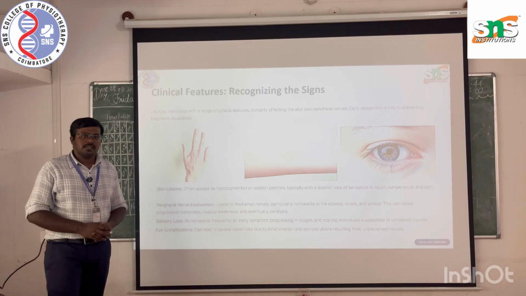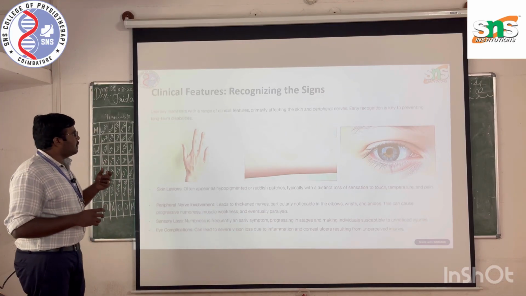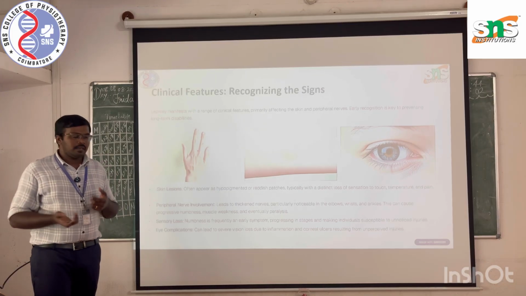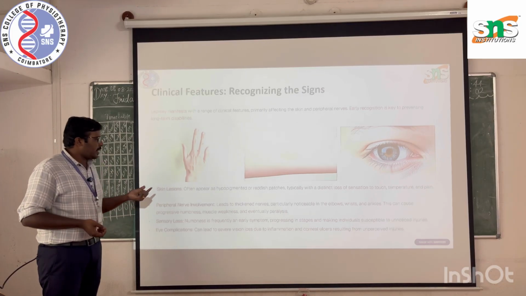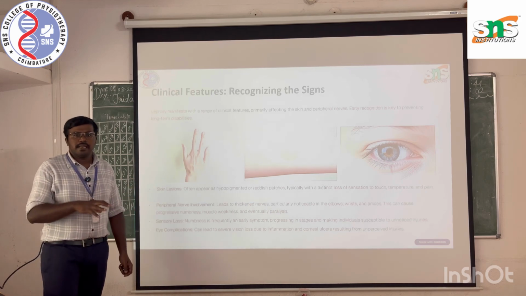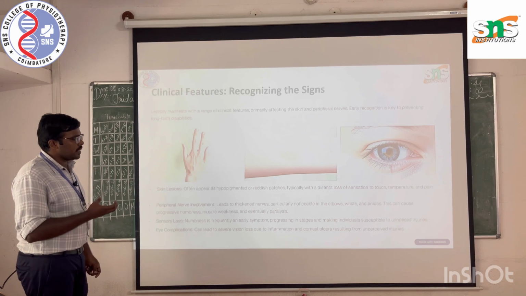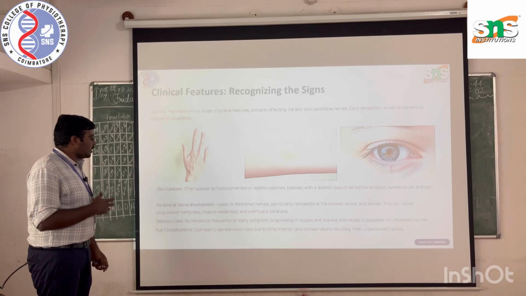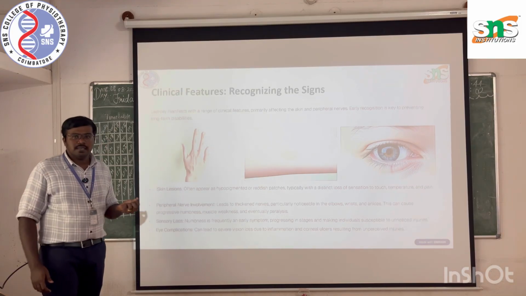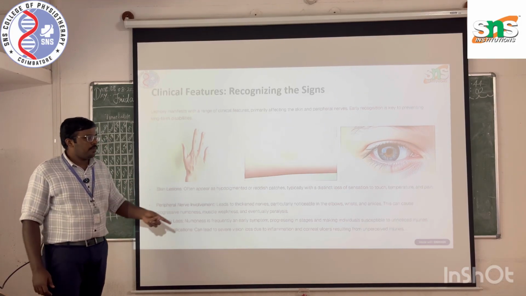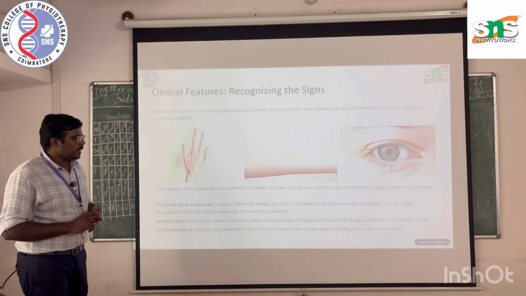Clinical features: leprosy primarily affects the skin and the peripheral nerves. Skin lesions like hypopigmented or reddish patches are present, and there is loss of sensation of touch, temperature and pain. Peripheral nerve involvement leads to thickened nerves, which can be noticed at the elbow, wrist and ankle.